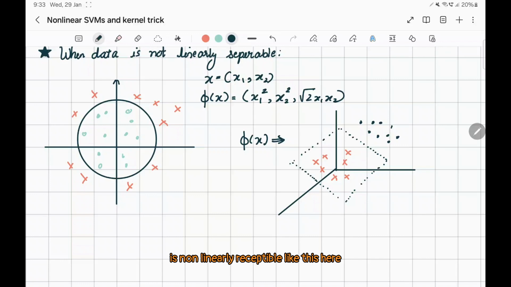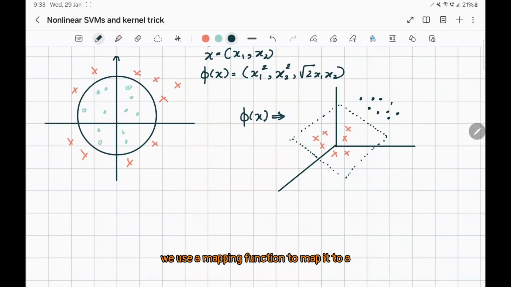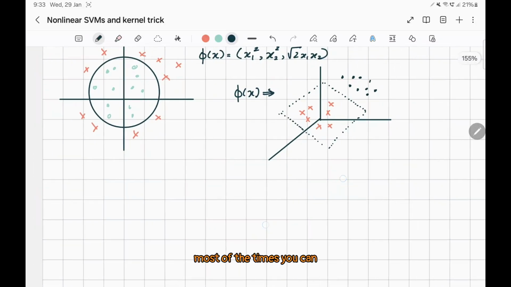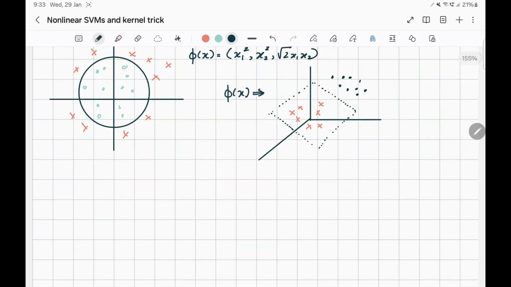When the data is non-linearly separable like this, we use a mapping function to map it to a higher dimensional space where you can have a plane which separates the two classes. Most of the time, if you introduce a third dimension, you will find the data is separable.